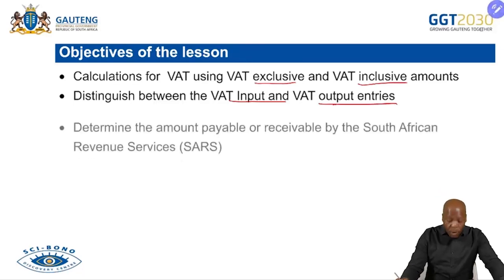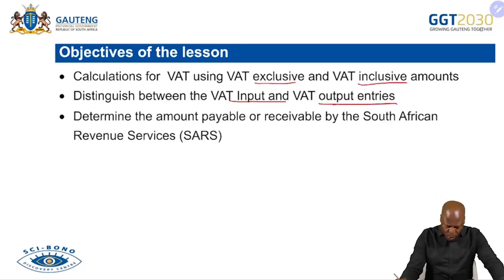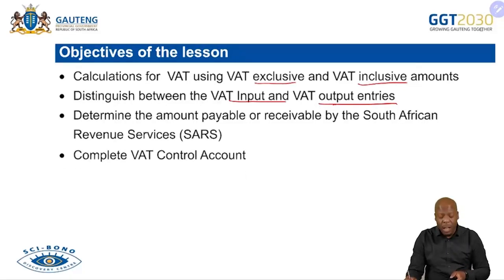Furthermore, I will also be talking about the amounts that are either payable or receivable from SARS. We will also be talking about the VAT control account. Remember, that is how we are able to determine if the amount is payable or receivable from SARS.